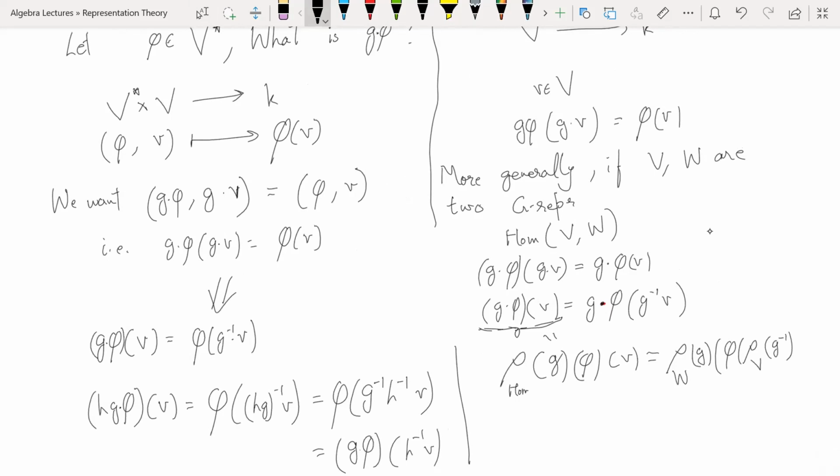Rho V of G inverse is a linear map on V, so you can evaluate it at V and you get something in V. Then if you apply phi to it, you get into W.